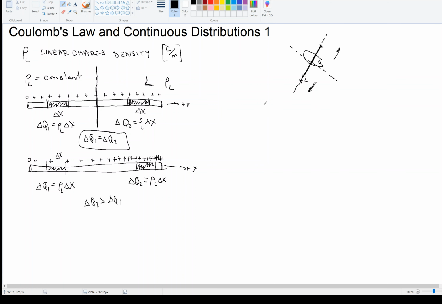So here we go now. Let me draw my z-axis. I guess I should give myself some space. I'm going to erase this picture. All right, so here's the z-axis. Here's the x-axis coming out at you. Here's the y-axis.